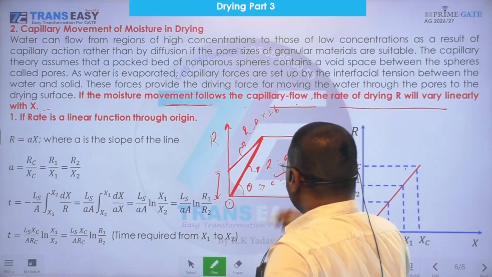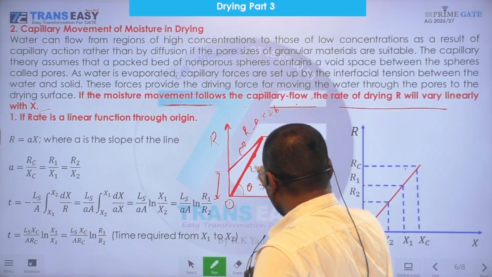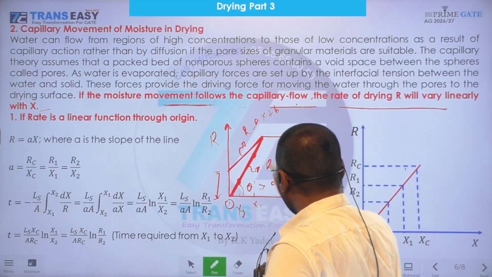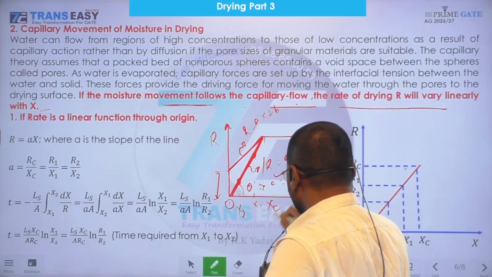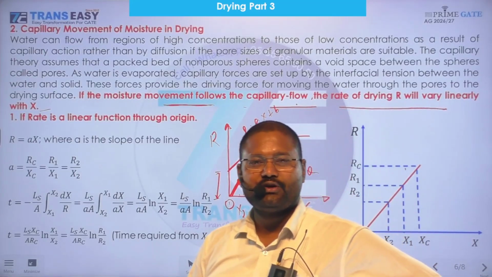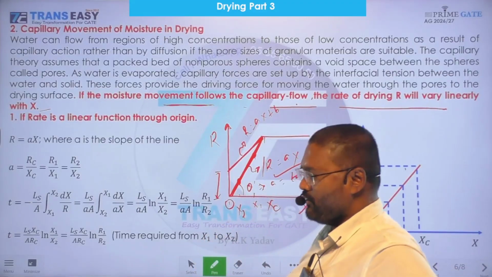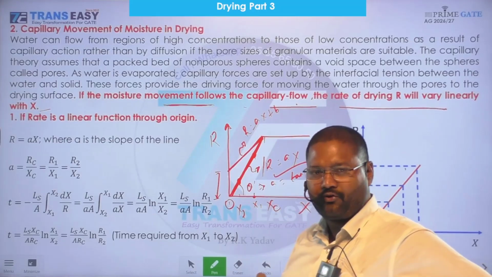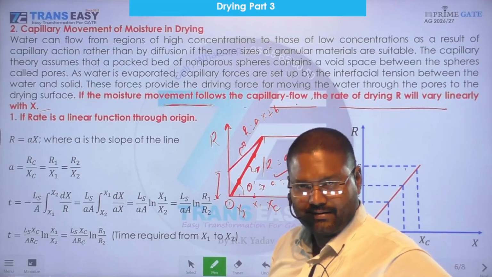Dear friends, this is X1 and this is X2, both are less than XC. If X1 and X2 are less than critical moisture content, so actually we are calculating time required for the reduction of moisture from X1 to X2 in the falling drying period, right?